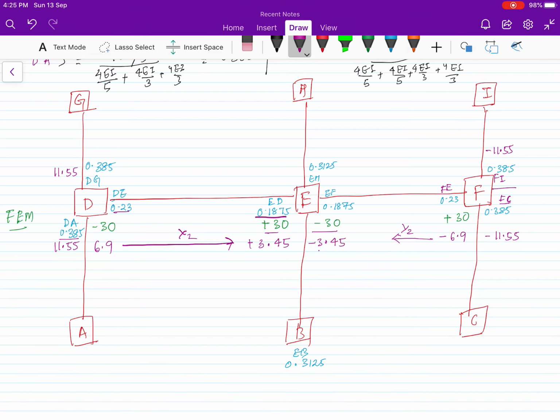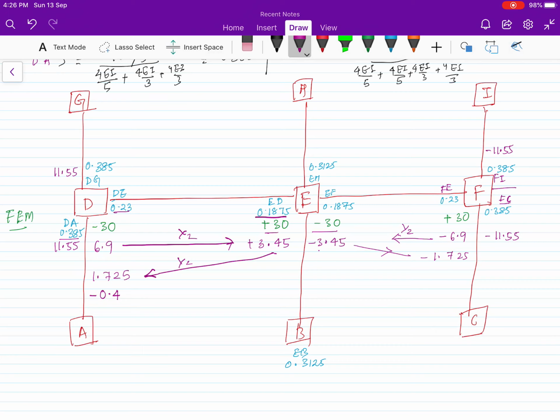Okay. So next, 3.45 we have come here. So as the moment is 3.45 from here, again half will come to this end. So that is plus 1.725, and here it will be minus 1.725, half of this. So this 1.725 is unbalanced at point D, which we will again multiply with 0.23, and we'll put minus because we are going to balance it.